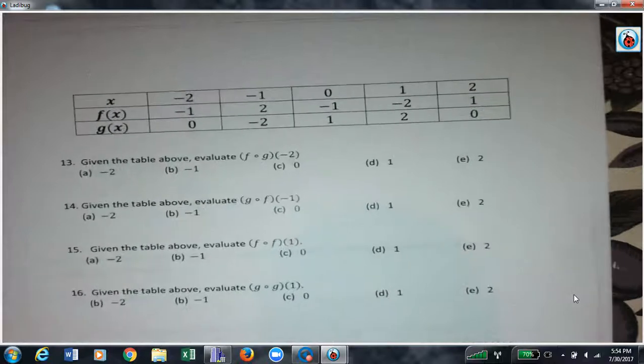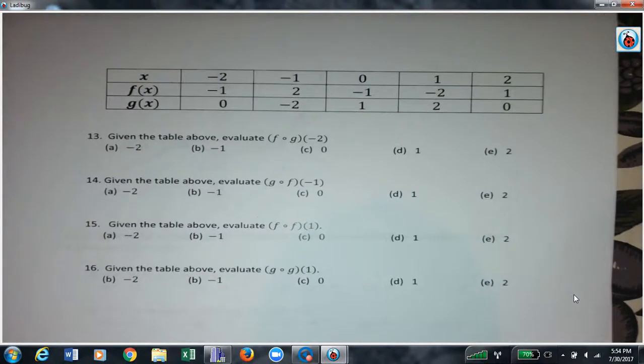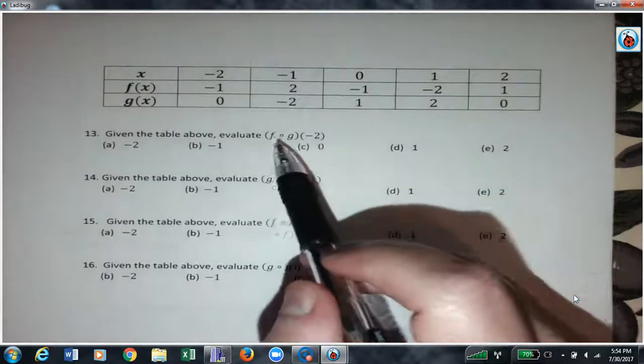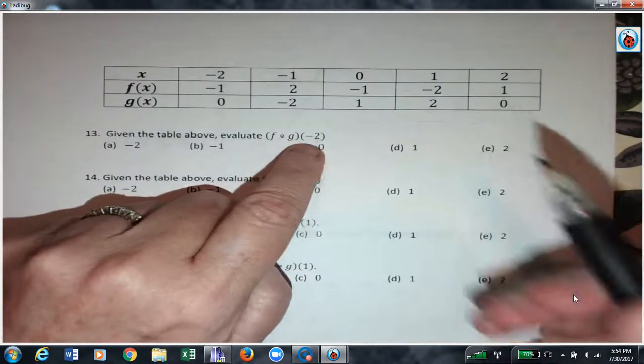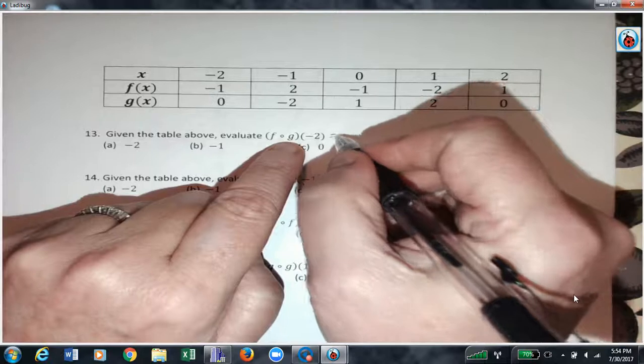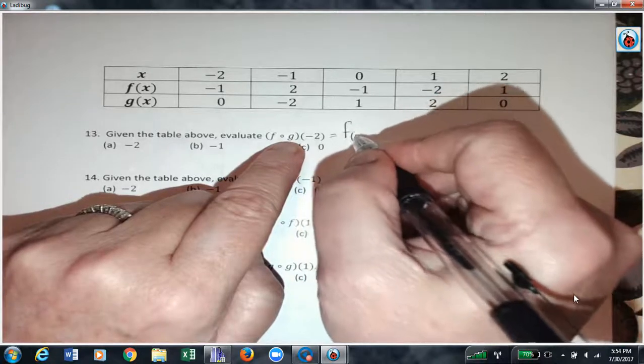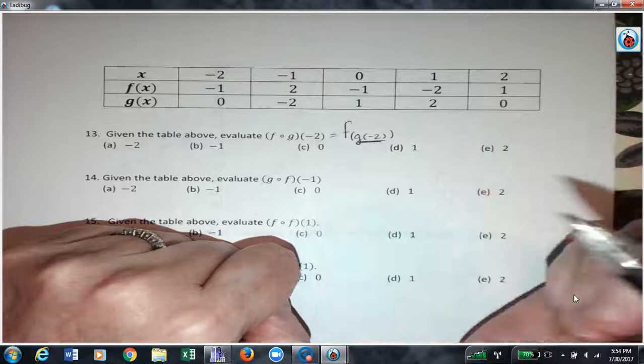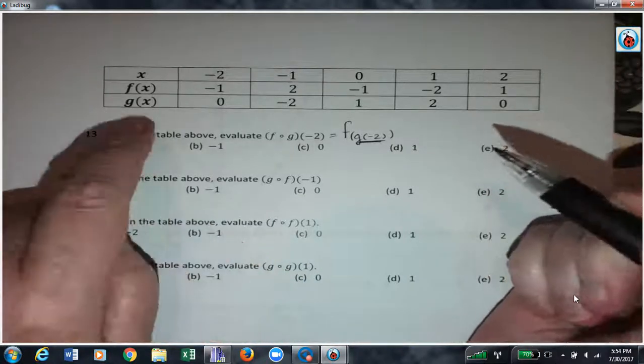For these next ones, we have a table. So here, f composed with g evaluated at -2 is f evaluated at g evaluated at -2. What is g evaluated at -2?